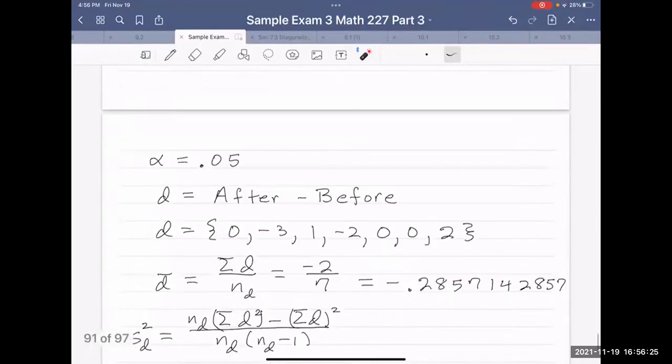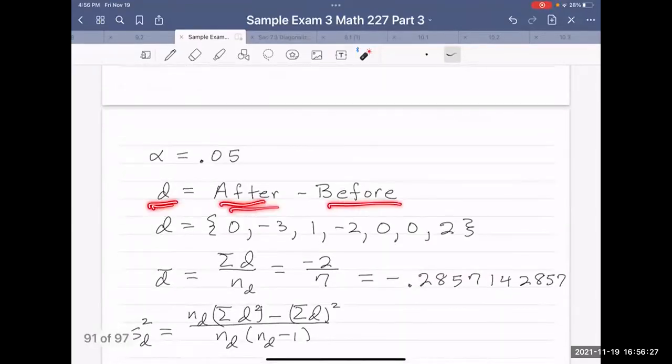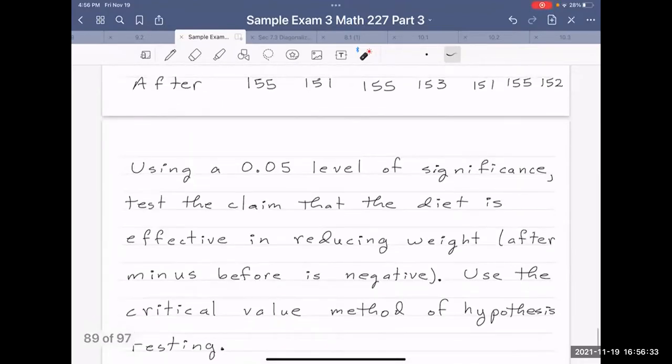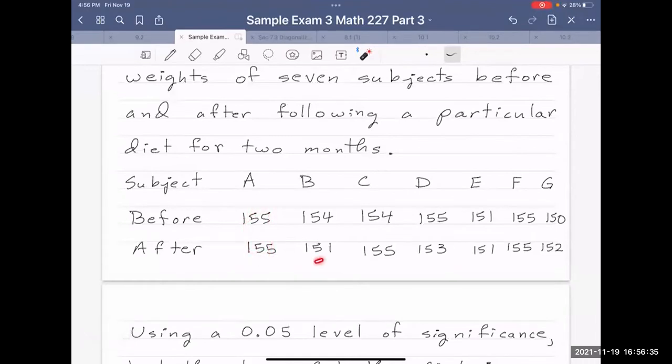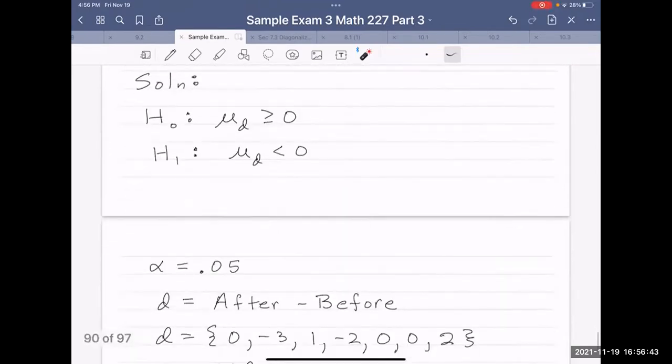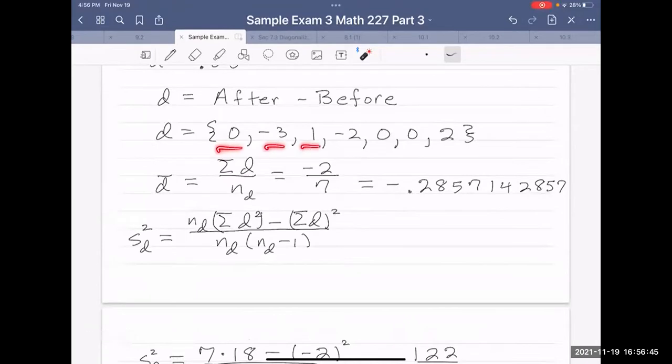So let's do after minus before. And so you just subtract: 0, -3, 1, -2, 0, 0, 2. So let's find some statistics.